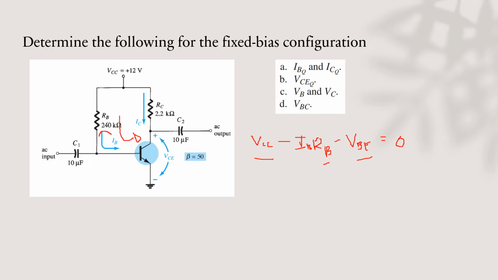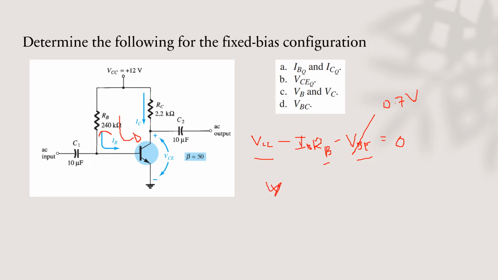VBE is known as the standard value, the value known for silicon, which is 0.7 volts, wherein it starts to operate.